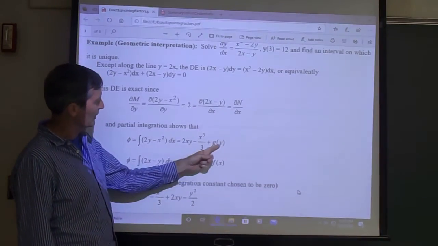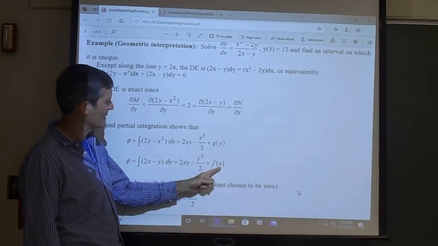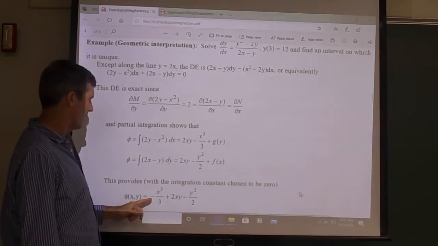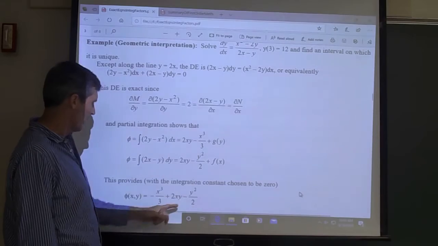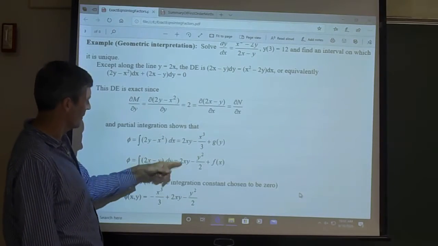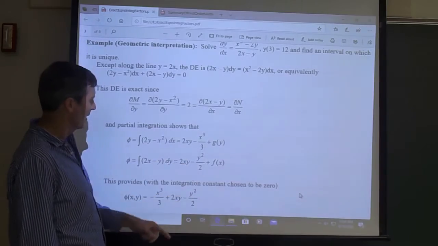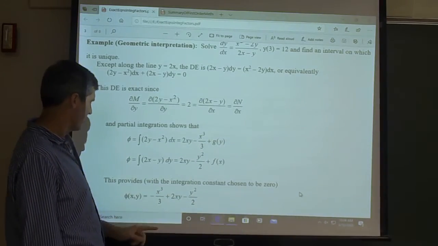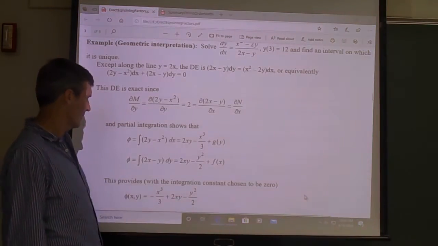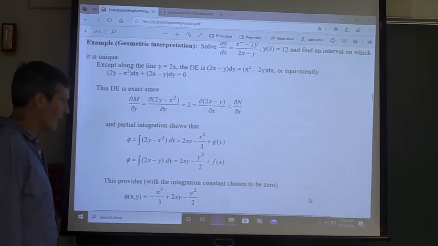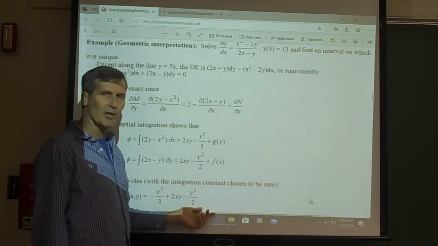Only if this goes into g of y and this goes into f of x, and we get minus x cubed over 3 plus 2xy, the thing they have in common, minus y squared over 2, plus an arbitrary constant can be in there. So we can put a plus c on here. Nothing wrong with that, but I won't bother to put it on this time.